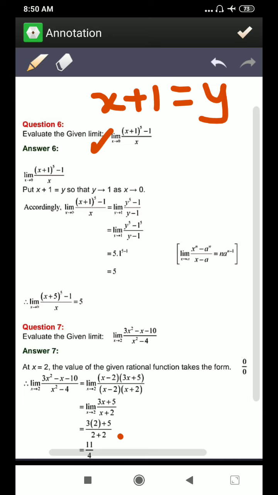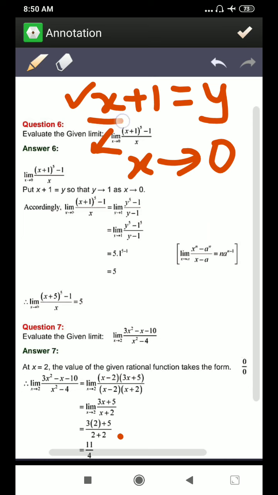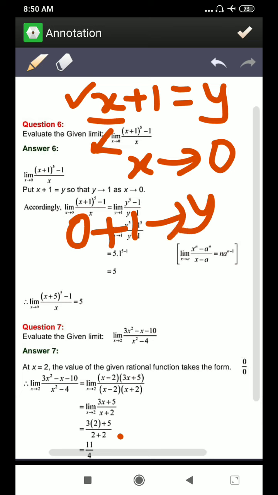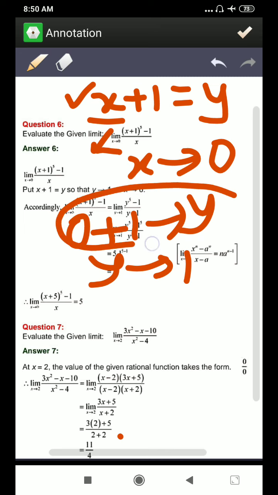So we have replaced x plus 1 equal to y. Limit is given x tends to 0, so you put x equal to 0 to get the limit of y. So it will become 0 plus 1 tends to y. So the new limit will be y tends to 1.